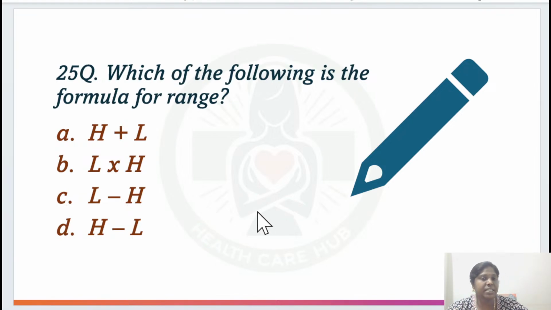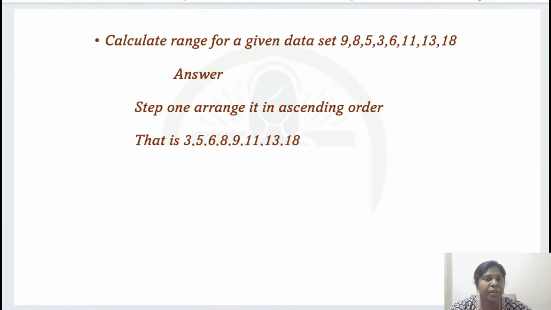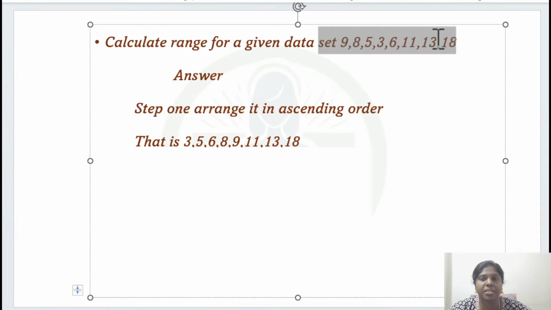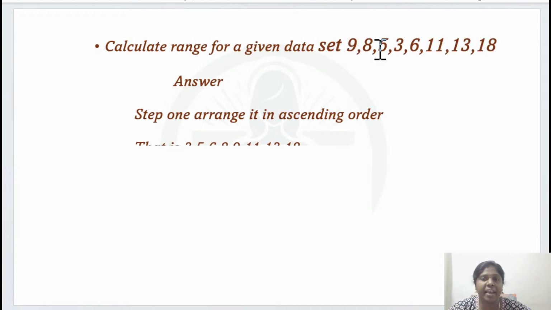So what exactly is this H here? Highest level data. L here is the lowest level data. So how are we going to find the range, the difference? I will show you an example so that you can understand. Here I have put certain numbers, like 9, 8, 5, 3, 6, 11, 13, 18.